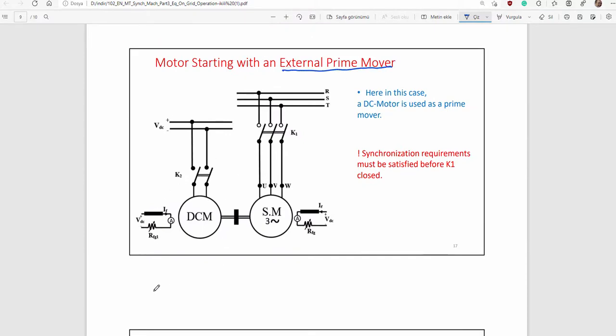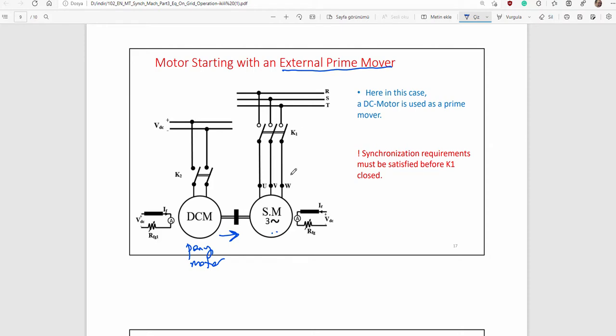In such a setup, generally a prime mover, a pony motor, will drive the synchronous motor. You drive a motor by using another motor. It looks funny, but the problem is different.